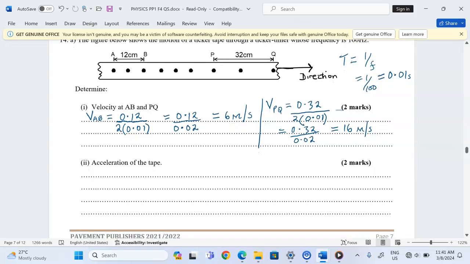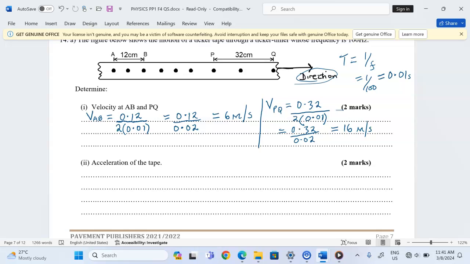In the other part, now we are talking about, in Roman 2, the acceleration of the tape. There is something we are supposed to master very keenly, and that is the direction of the tape. If that is the direction of the tape towards the right, it means region PQ is coming first.